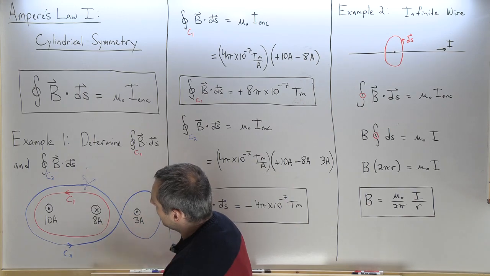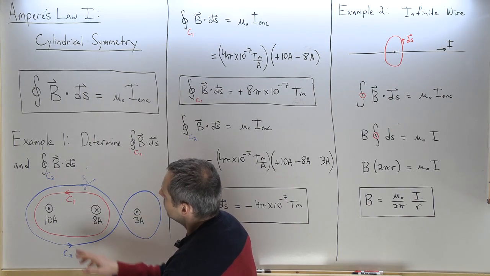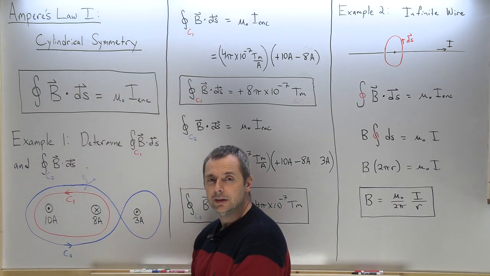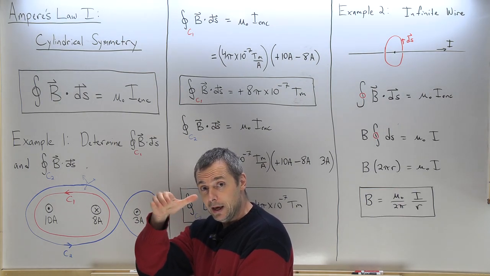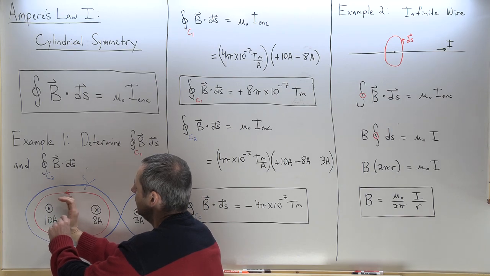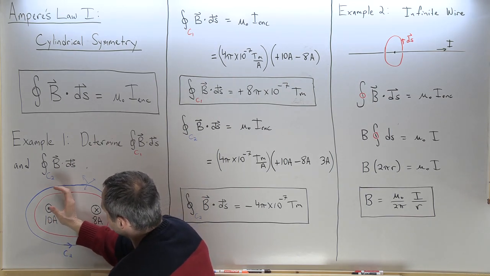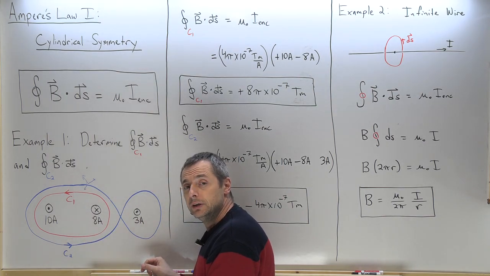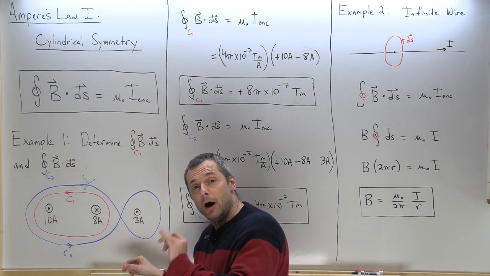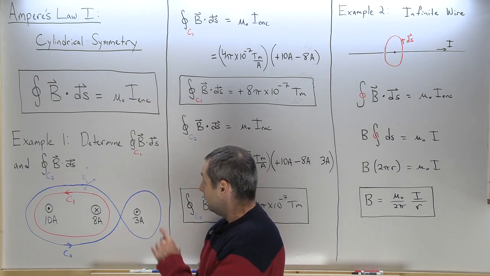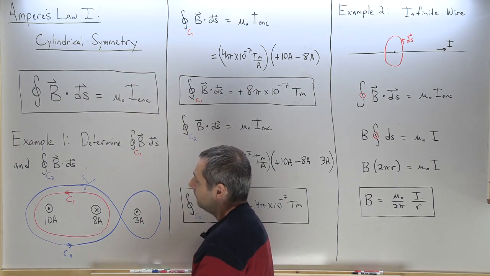Well, if you look at the direction of integration here, you see that the 10 amps would, in general, produce a magnetic field that runs along in the same direction as the integration by right-hand rule, where I put my thumb in the direction of current, my forefingers indicate the direction of the swirl caused by this magnetic field, so it tends to swirl around like this in the same direction of the integration. So I would consider the 10 amps positive. It would create a positive value of this integral.